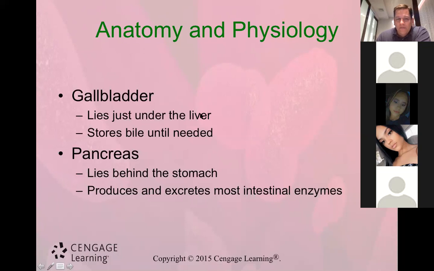The gallbladder, a part of the liver, lies just under the liver and stores bile until needed. The bile is a fluid that contains the fat digested by the liver.